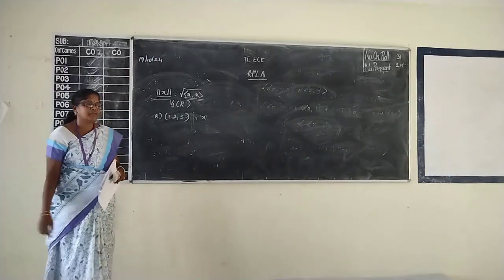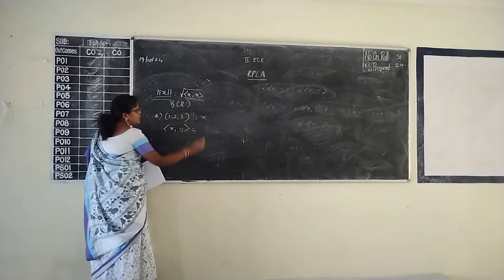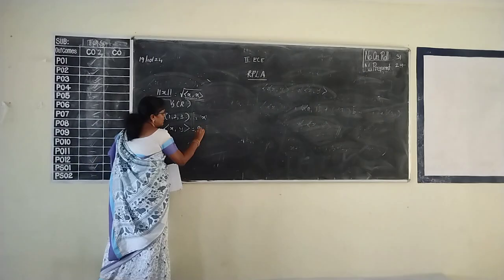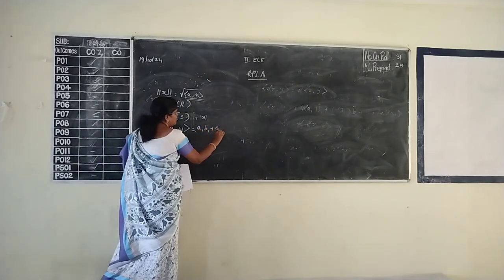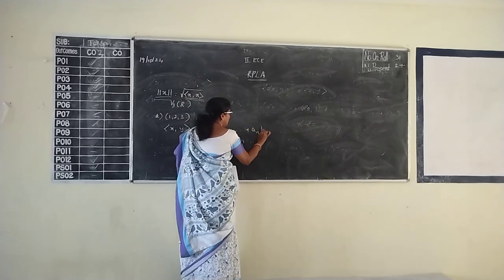Inner product of x comma y is equal to a1 b1 plus a2 b2 plus etc. an bn.